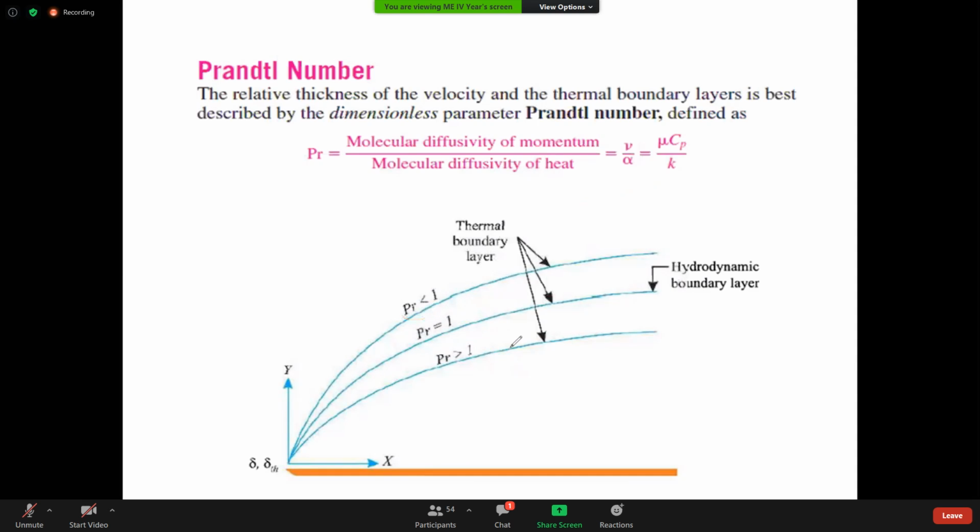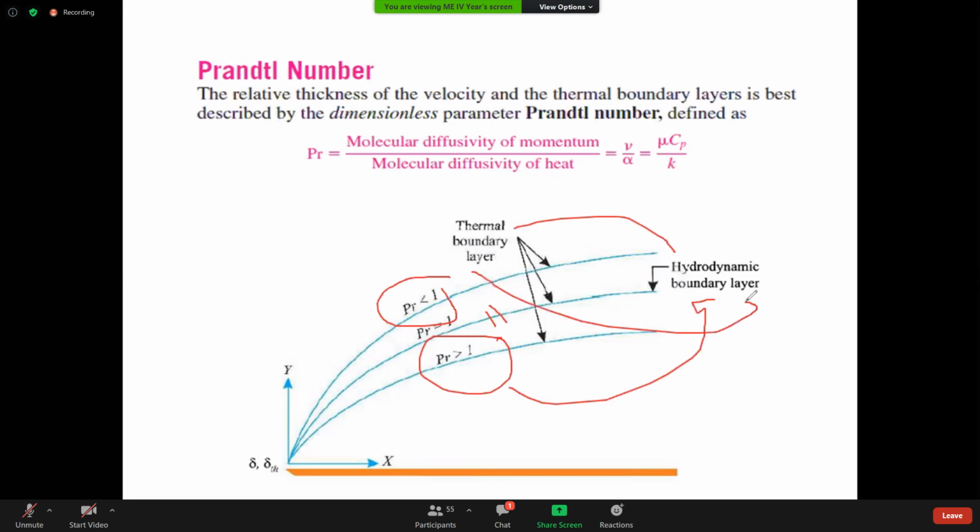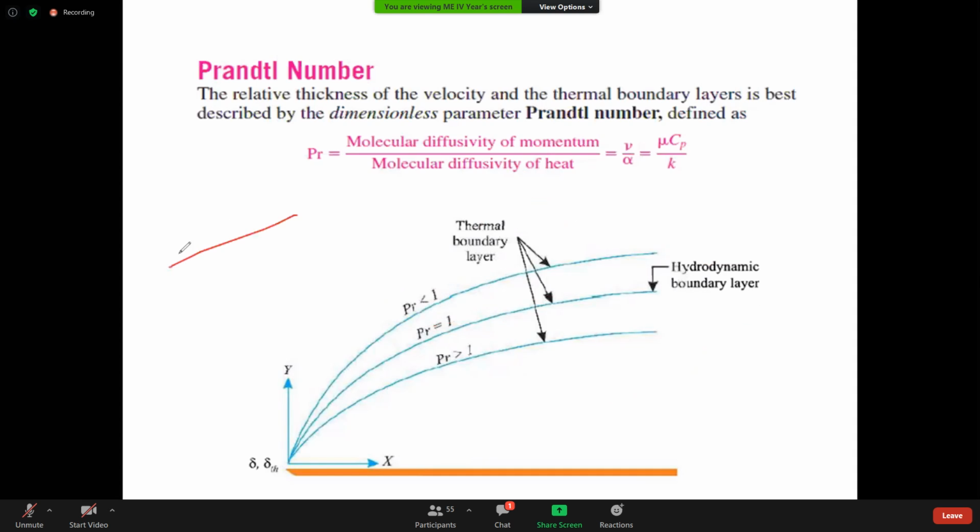For Prandtl number 1, both the thermal boundary layer and the hydrodynamic boundary layer meet at the same place. For Prandtl number less than 1, the thermal boundary layer will be more than the hydrodynamic boundary layer thickness. For Prandtl number greater than 1, the thermal boundary layer thickness will be less than the hydrodynamic boundary layer. So, based on the Prandtl number, either the thermal boundary layer or the hydrodynamic boundary layer will be greater. I'll provide that information in the next session. Don't worry.